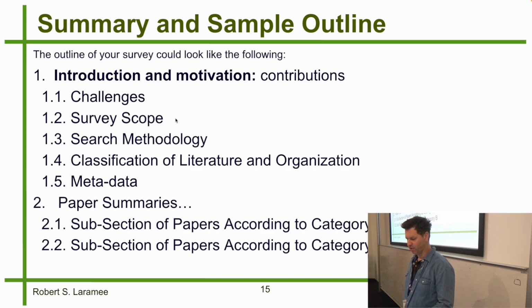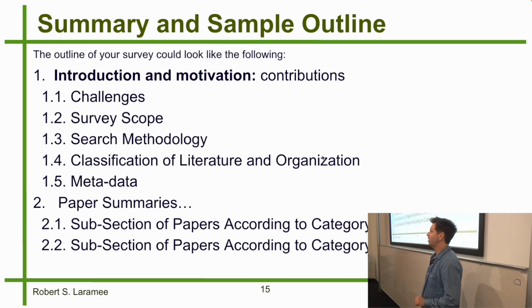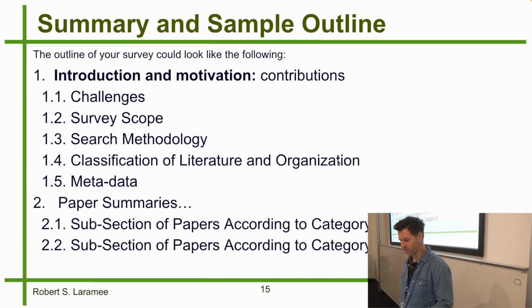You describe the search methodology, which you're already familiar with. That's a topic you've already conquered. Classification of literature and organization is one of the subsections. Metadata, so there's a metadata figure in there. And then there are paper summaries, so that's where you actually summarize the papers that you include in your literature review.